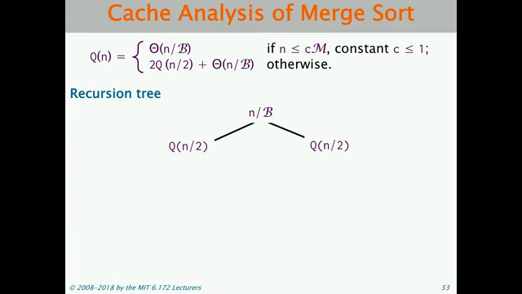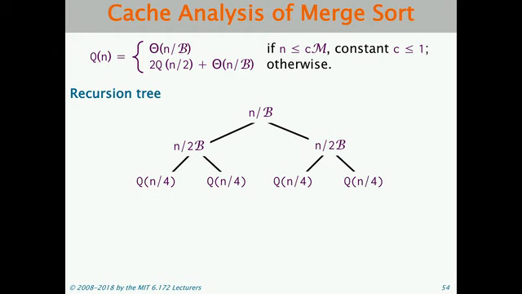Then I'm going to have to pay n over b cache misses to merge the results together. Similarly, for the next level, I'm paying n over 2b cache misses for each of my two problems to do the merge. I keep going down until I get to a subproblem of size theta of cm. At that point, it's going to fit in cache, and I don't need to recurse anymore in my analysis.